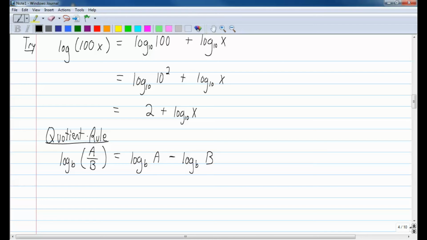So log base b of a over B is equal to log base b of a minus log base b of capital B. It also works in reverse. If you ever have one logarithm minus another logarithm and they're the same base, then you can make a quotient out of that. Okay?